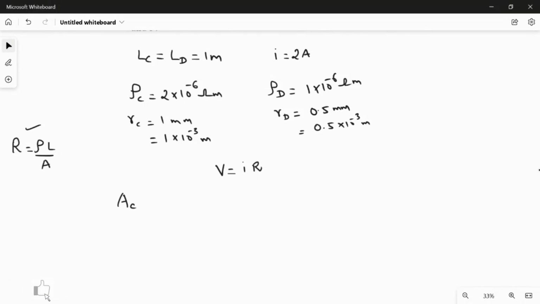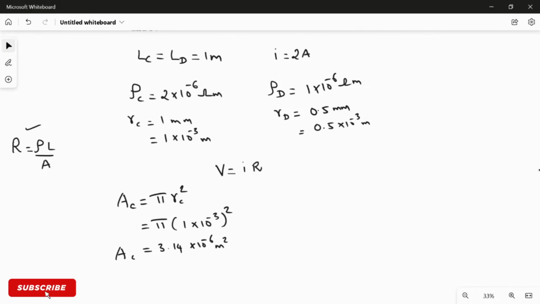So area of wire C is equal to pi RC square. The pi value is 3.14 multiply with 1 multiply 10 power minus 3, the whole square. By that we will get the area of wire C as 3.14 multiply 10 power minus 6 meter square.